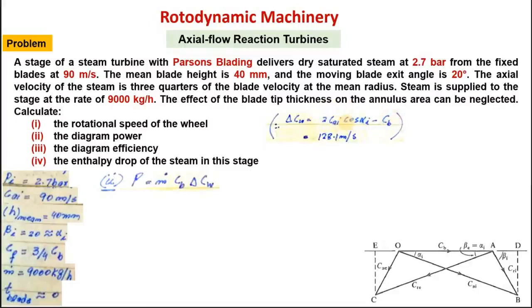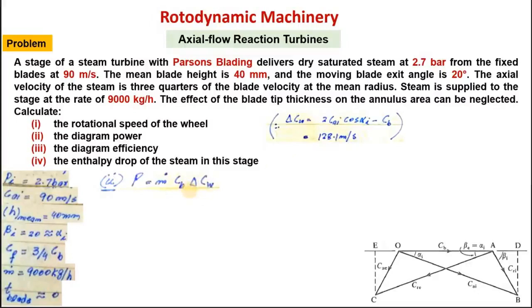If not, then you can derive it. We have already discussed how to derive this delta CW for 50% reaction turbine. So anyways, for power calculation, we needed CB and delta CW. CB is already calculated. Delta CW comes out to be 128.1 meter per second.